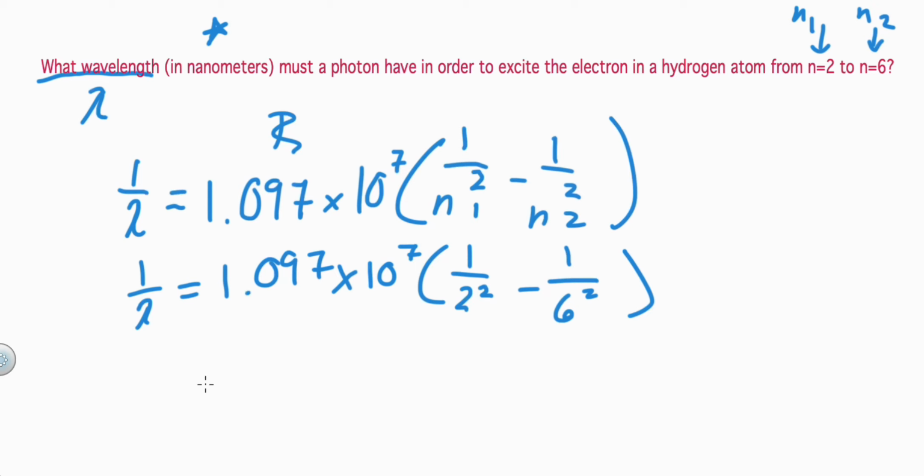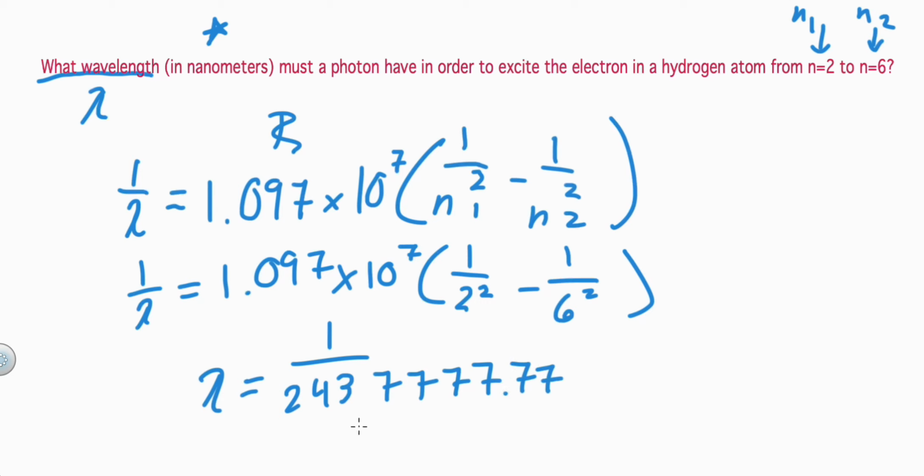So wavelength equals 1 over, and then I got 2.437777, could be 7, 8, whatever, didn't round. Let's do that right now. 1 divided by that.